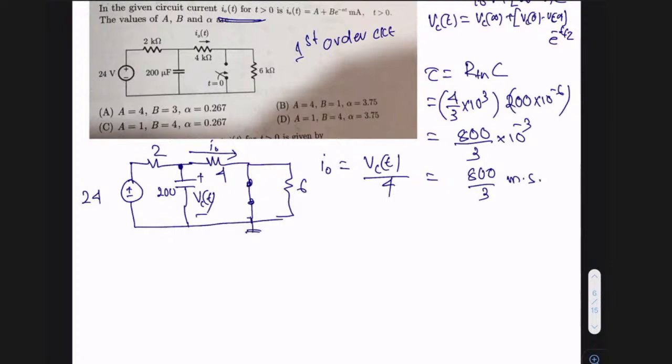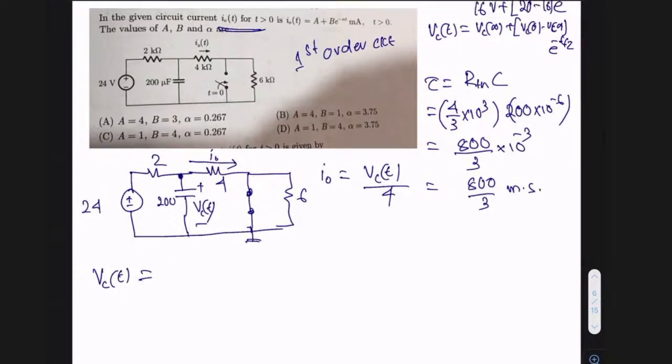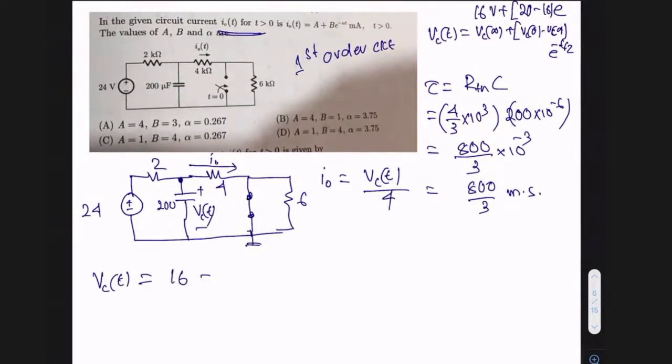So now if you substitute all these values, how much do you get? VCT is equal to VC infinite, which is 16, plus VC0 minus 20 minus 16 into e raised to power minus t by tau. So it is minus t by tau, where 1 by tau is 3 into 10 power 3 divided by 800.